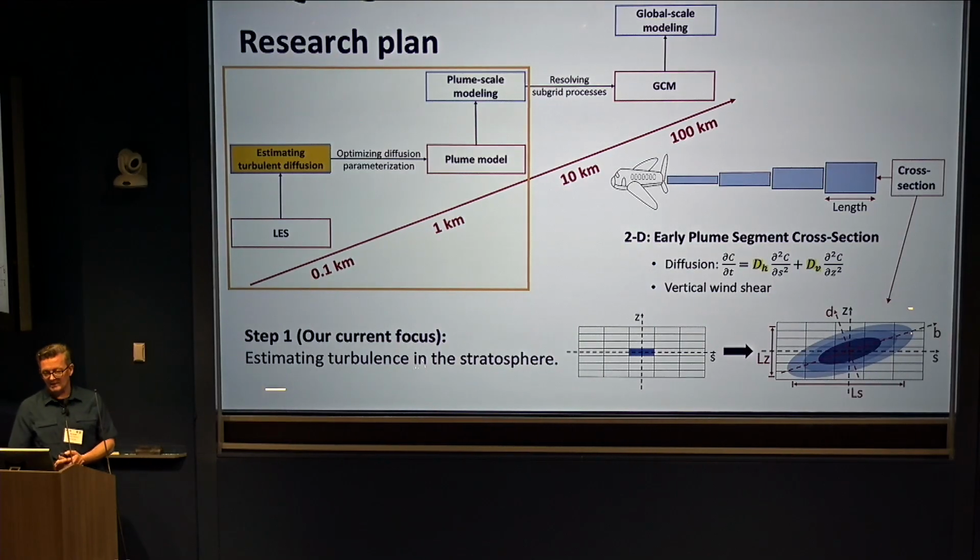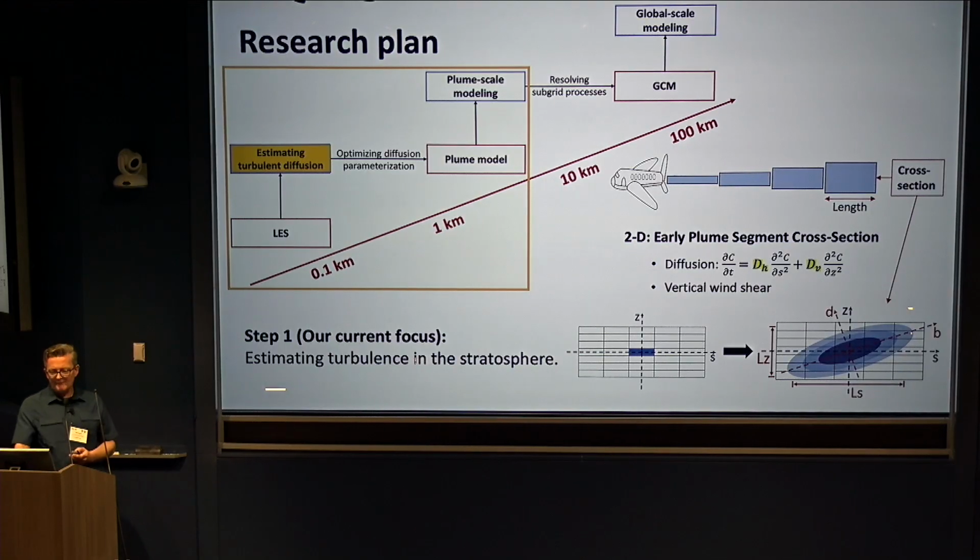This would involve things like large eddy simulations and looking at observations, getting all the way to learned behaviors that we can put into a larger plume model that could then be inserted into a GCM. So that could be like a plume-in-grid model, for example.